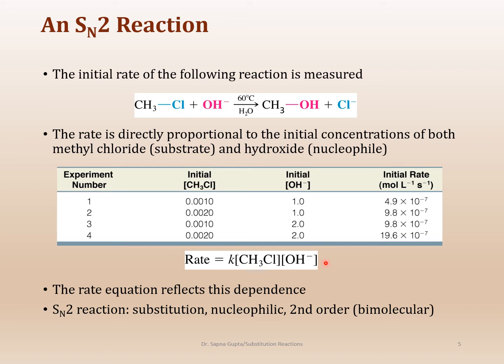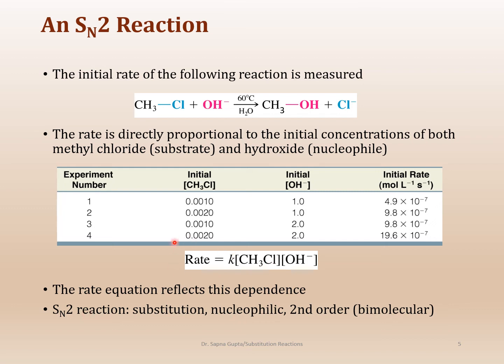If the order of reaction is 1 for each, we don't have to write the number 1. Otherwise we would write the number right here if it is 2 or 3 or something. If it's 0, it will not even be part of the rate equation. But if it's 1, we don't write 1.